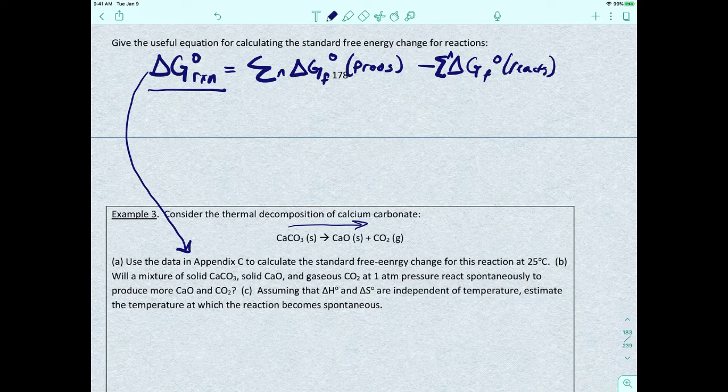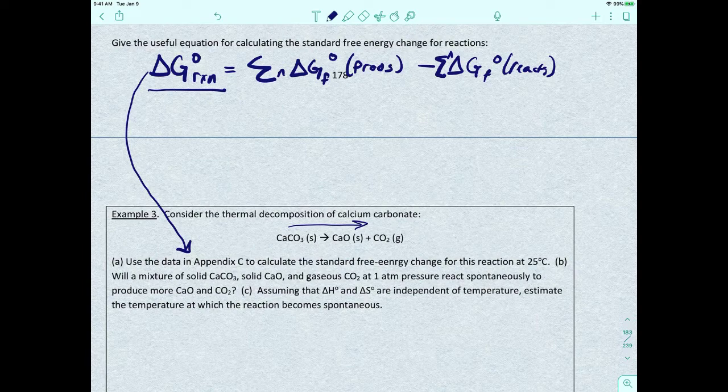Okay, that's the next question. Part C, assuming that delta H and delta S are independent of temperature, estimate the temperature at which the reaction becomes spontaneous. All right, so we got 3 different things that we're looking at in this question.